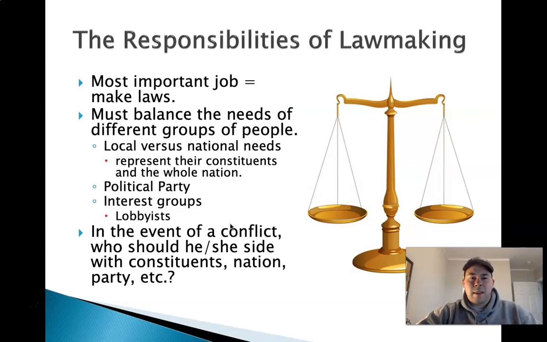So as you're thinking about this, think about, in the event of a conflict, if we're looking at local versus national needs, or a political party's needs, or a lobbying group that helps get them elected, who should they side with? Should they side with their constituents, or should they side with the national interests? And if you were representing a specific group of people, are you going to side with the people you're representing, or what's best for the whole group? What do you think should be their priorities when they're voting in Congress?